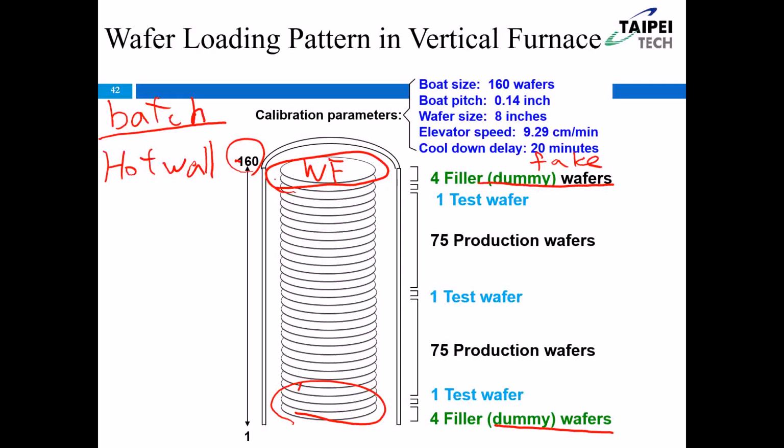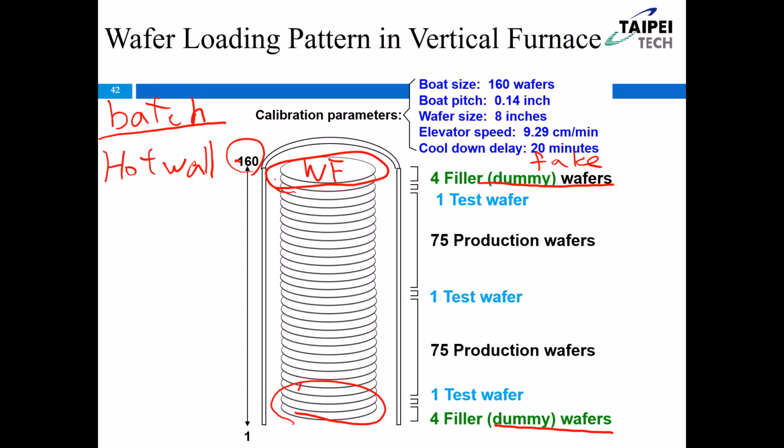These chips are not for sale, because usually when the silicon wafer is on the top, on the bottom, at the edge of the tool, the quality is usually worse, okay? We don't want the worse quality, right? So that's the reason for the dummy wafers on the top and on the bottom. They're not for the customer, okay?